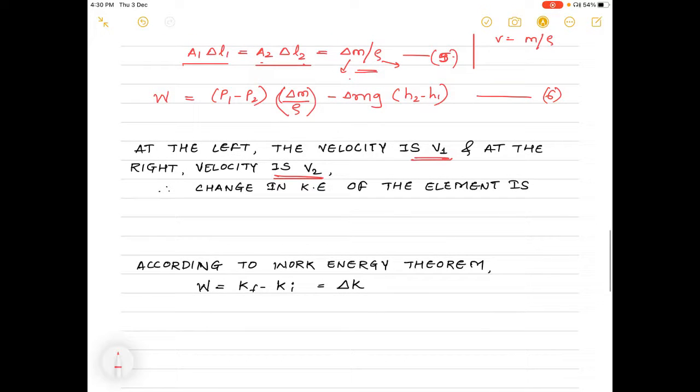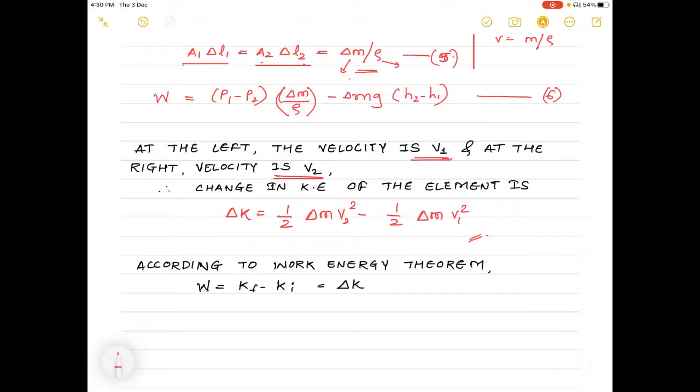So the change in kinetic energy, delta K, can be written as half delta m v2 square minus half delta m v1 square. This is the change in kinetic energy, because on the left hand side we are considering velocity v1 and on the right hand side velocity v2.